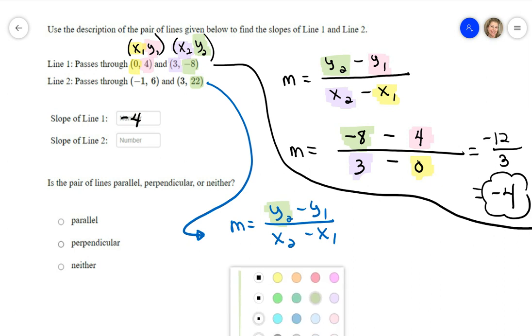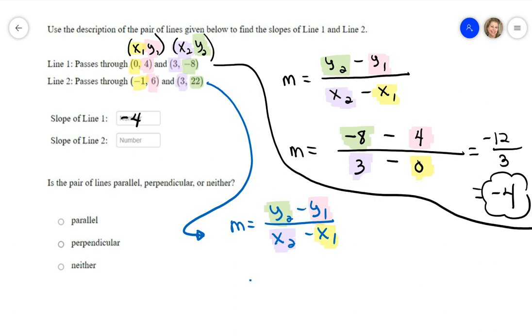And then y sub 1 is pink, that would be the 6. And x sub 2 is purple, that'd be this 3 right there. And yellow, x sub 1 is the negative 1.